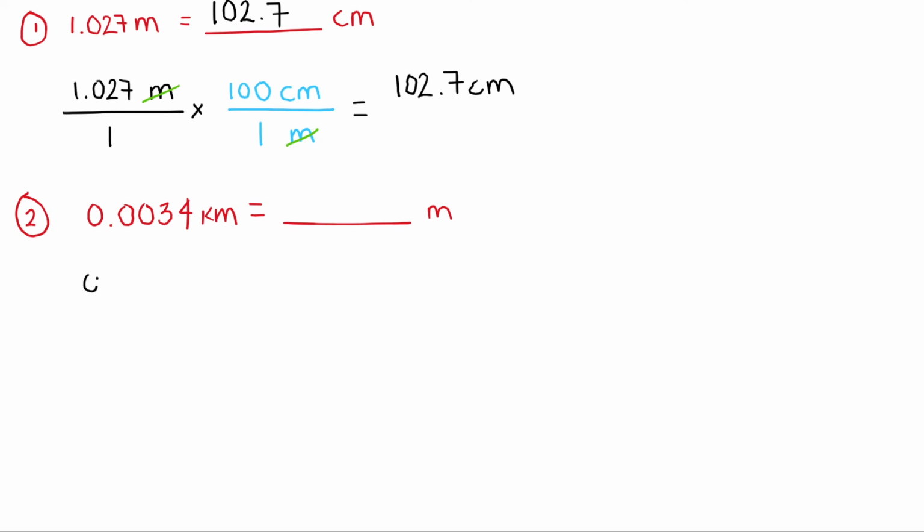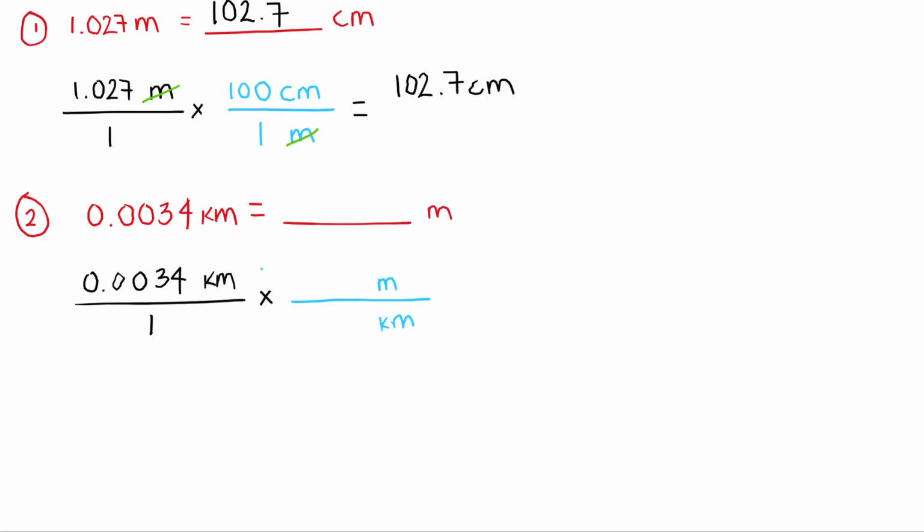So I'm going to write the first one as a fraction. And then I'm going to times it by a fraction that is 1. So that fraction has to have kilometers in the bottom and meters in the top. How do I know that? Because I need to cancel the kilometers and I need to end up with meters.